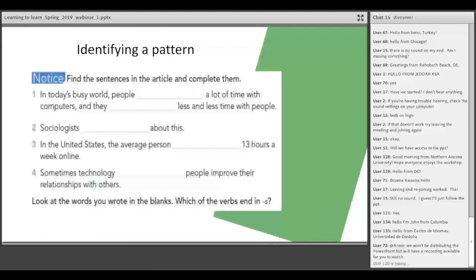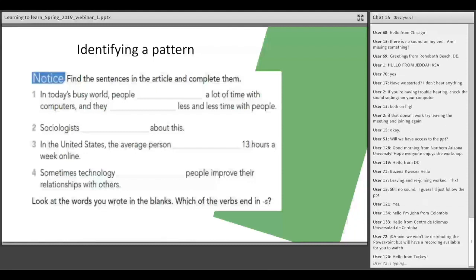And then we can actually have the students, rather than just rotely finding the word and writing it here, we ask them a question to look at the words that they've now filled in: which of them are verbs, and which of them end in S, and then we can talk about subject-verb agreement. We can bring up ideas so that students will actively be engaged in noticing. And this will help their learning and raise their awareness of subject-verb agreement in this case.